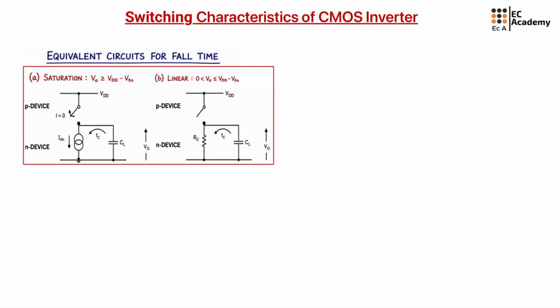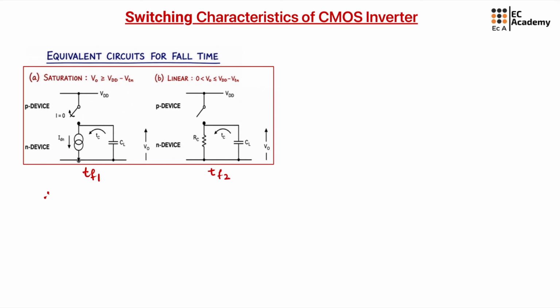But you need to remember one important point, that the NMOS transistor does not remain in the same operating region throughout the entire discharge. The discharge takes place in two regions. First one is the saturation region and second one is the linear region. Therefore, we have fall time for saturation region as TF1, and fall time for linear region we can take as TF2.